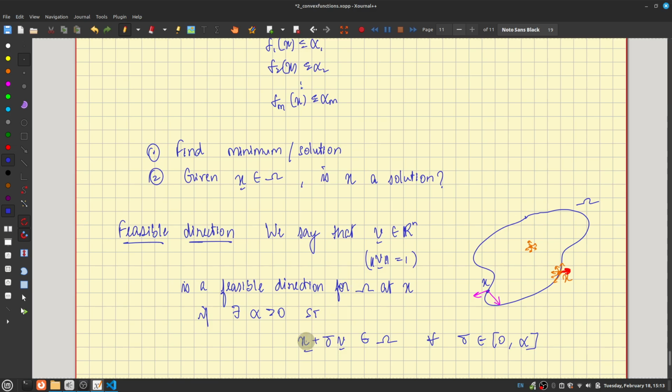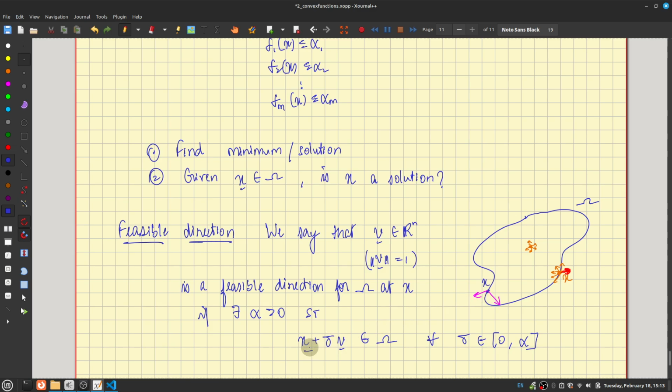Okay. So remember that x plus delta v for delta greater than or equal to 0, as you increase delta, the set of all x plus delta v, delta greater than or equal to 0, is a ray, correct, which originates at the point x and goes along the direction of v. So this would be the direction of v and this is the point x.